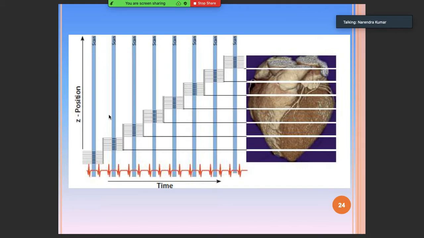What are the types of filters which are being applied for the imaging? Can anyone tell me? I'll give you a big hint: they are based upon the RR intervals.